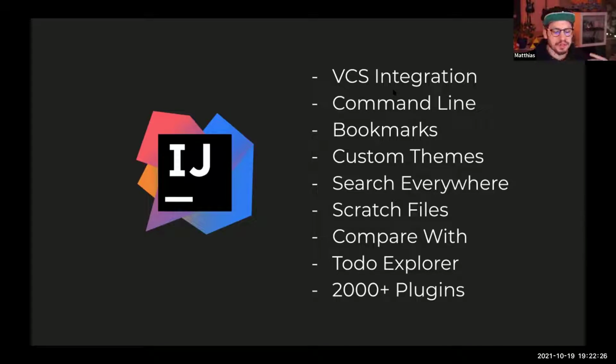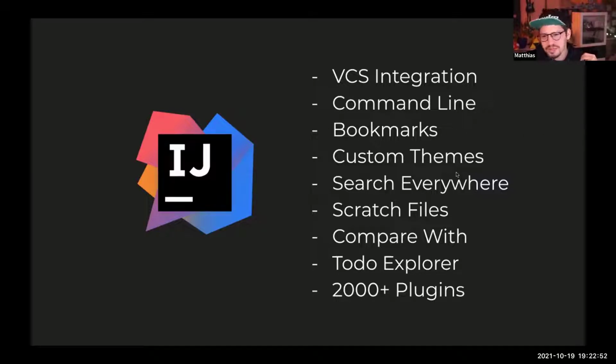But every time the IntelliJ team does something, we benefit from that too. And including all the old features that have been developed over years and years, like VCS integration is really, really solid in IntelliJ. The command line is not just a command line. It has many tiny little features that are really cool.